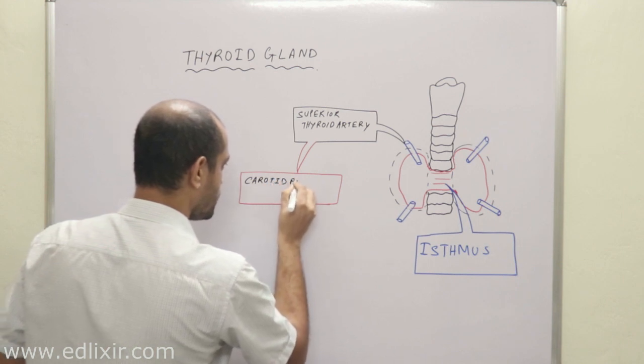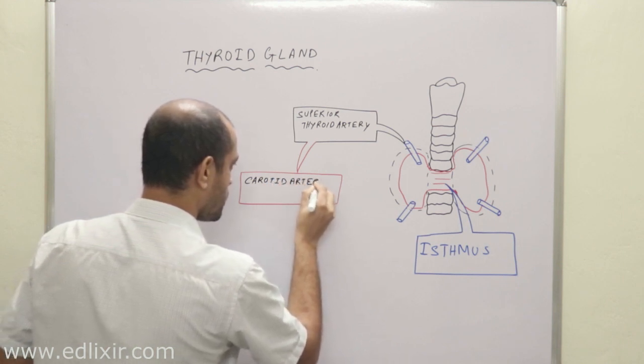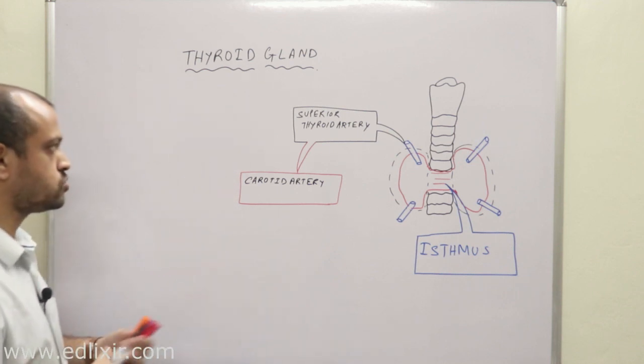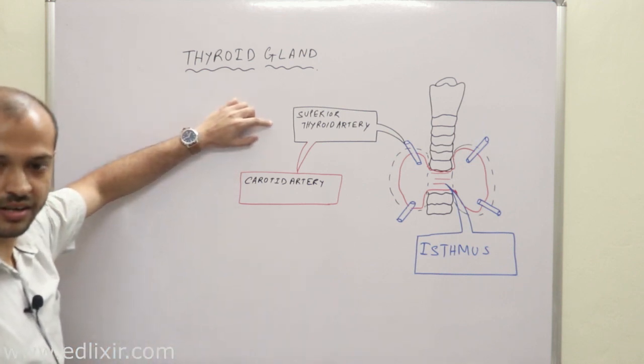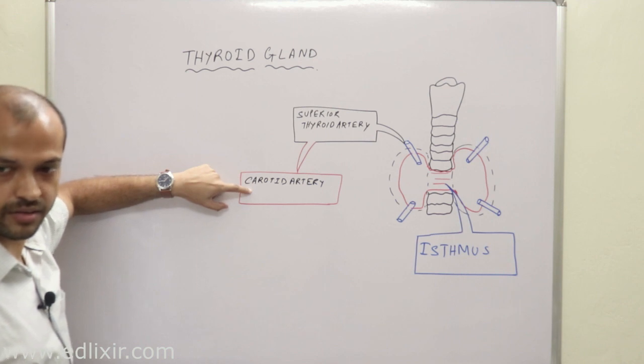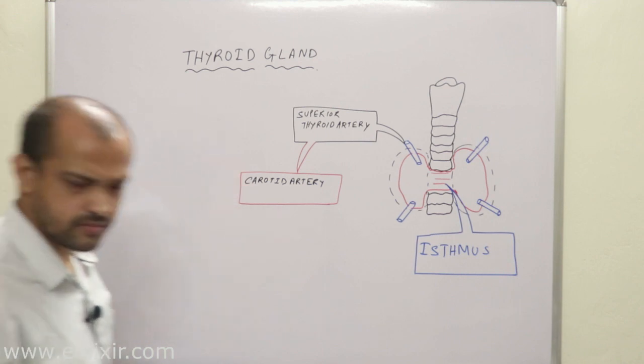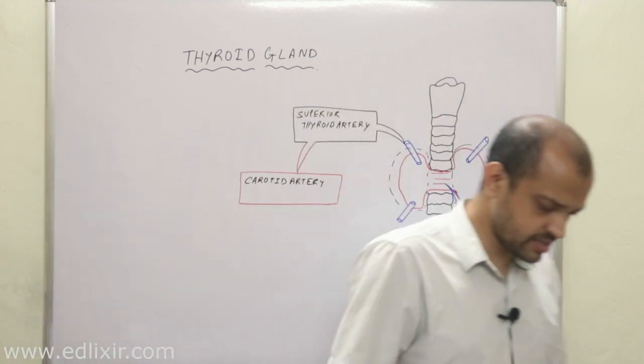Clear? What is the source of the superior thyroid artery? They are actually branches of the carotid artery. To be very specific, right carotid arteries and left carotid arteries.